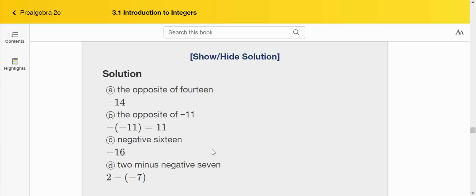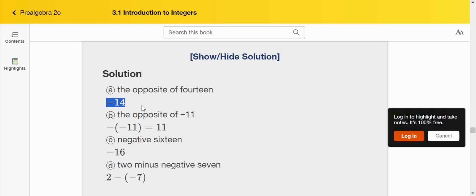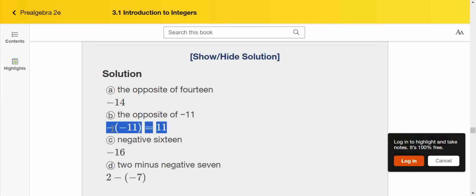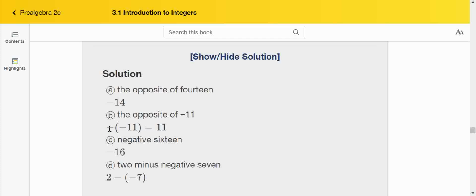So the solution to this is a direct translation of the written. Minus 14 is the opposite of 14. The opposite of minus 11, you start with the minus, and then parentheses minus 11 gives us positive 11.